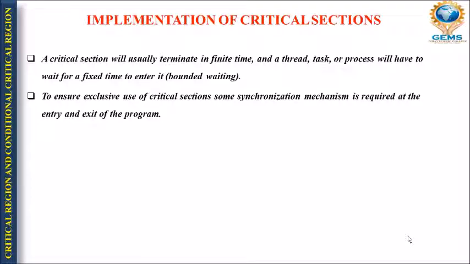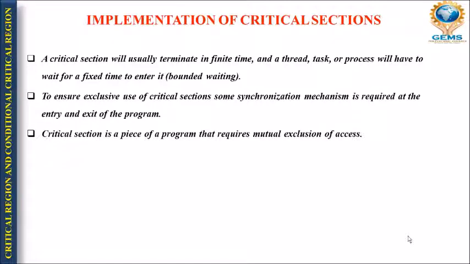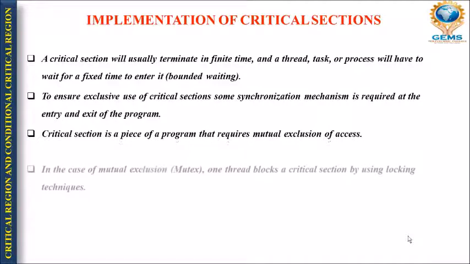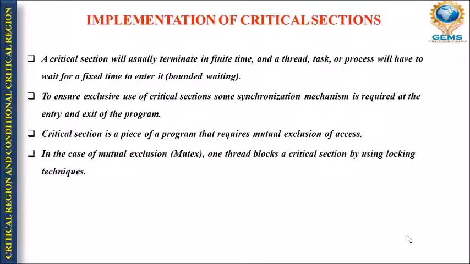So in order to ensure synchronization, we must have an entry and exit for any program. A critical section is basically a piece of program, a code segment, which requires mutual exclusion to access. Mutual exclusion is also known as mutex.